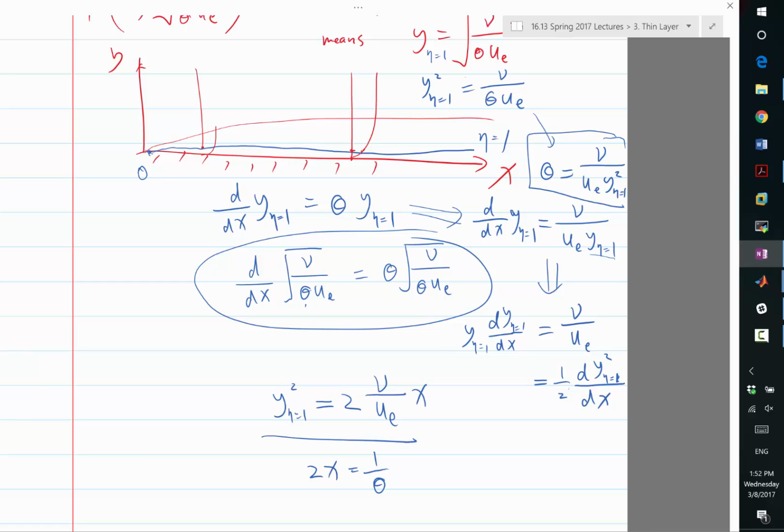So here what I'm doing is the opposite. I'm saying if I have a similarity solution, it has to satisfy this equation. And then because of the way we non-dimensionalize this equation, the boundary layer has to grow in such a way. And if you do the other approach, there is this factor of 2 here. So if you do the other approach, you already know that the boundary layer grows as a square root of x.